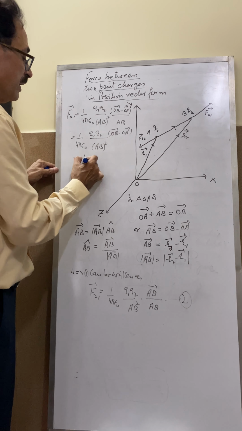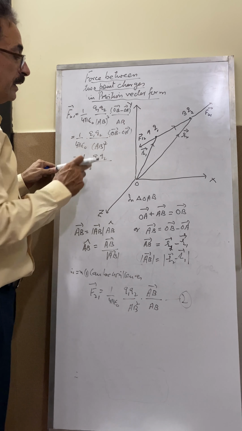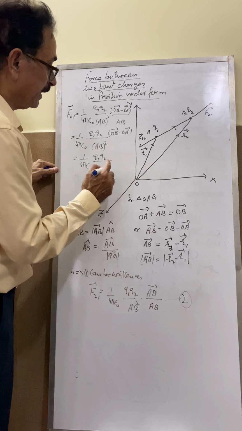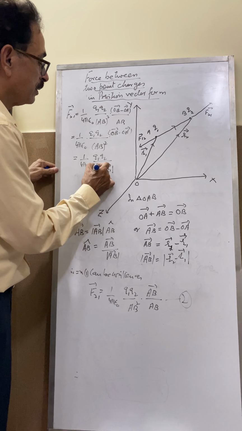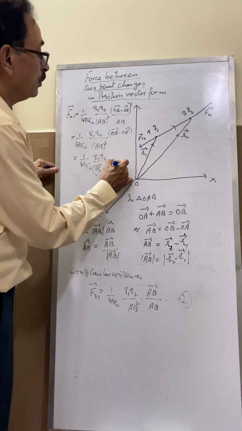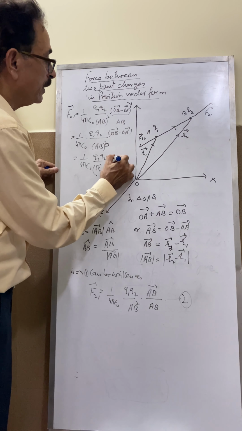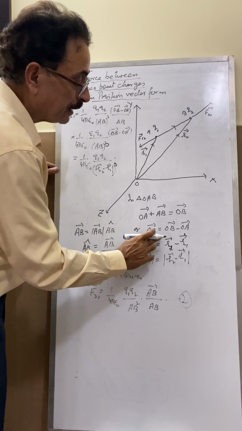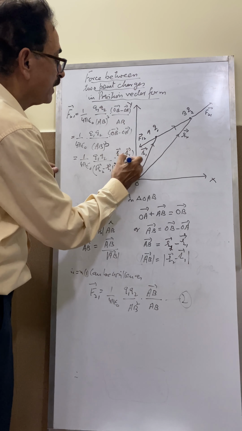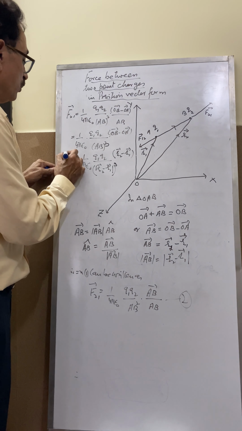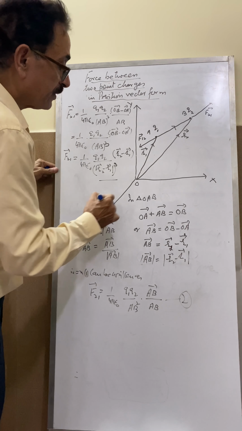Or it can be written as 1 upon 4 pi epsilon naught Q1 Q2 upon, this AB value we have found from here, the magnitude of R2 minus R1, whole cube, here it is cube not square, into OB minus OA, which is R2 minus R1 vector. This is F21. This equation you will call the third.